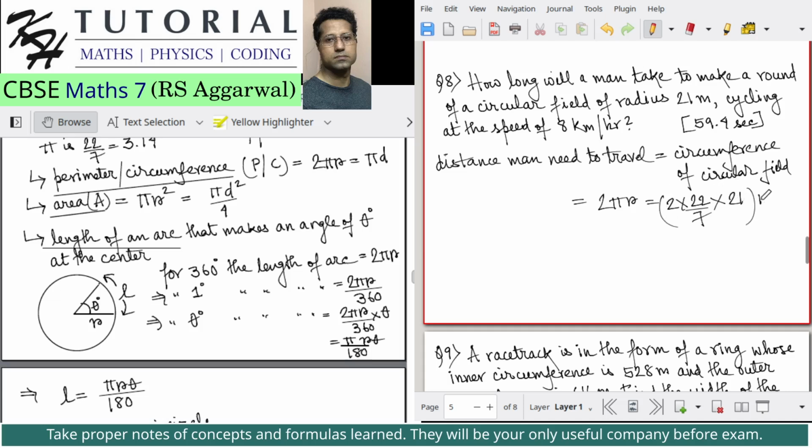So this much meter. After simplifying, this becomes 132 meter. So the circumference of the circular field is 132 meter. This is the distance the man has to travel.